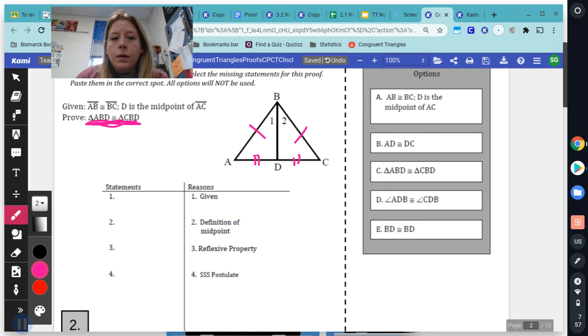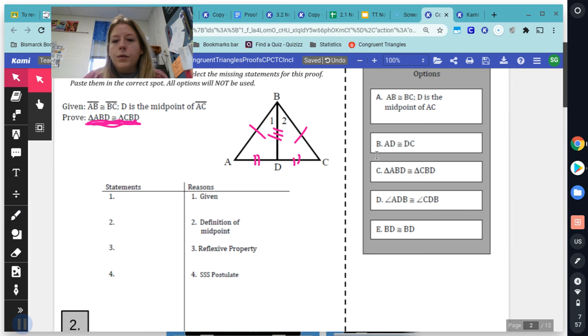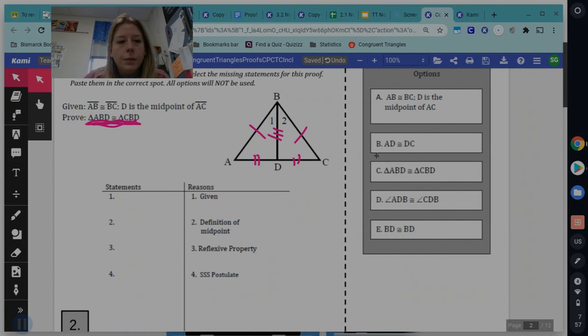All right, what else do we know? Do we know angle 1 is congruent to angle 2? No, but I do have this thing that's shared. So it's looking like it's going to be a side, side, side. Okay. First reason was given. So I'm going to screenshot the piece that was given. They have both givens right in one.